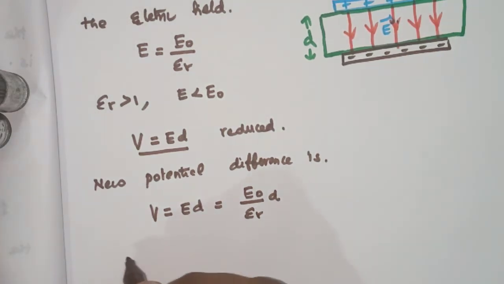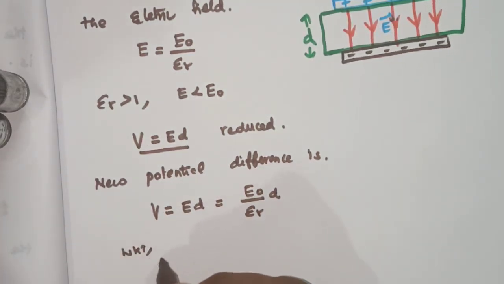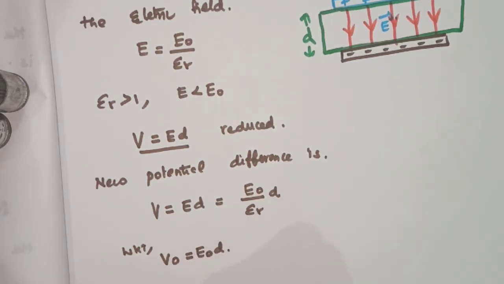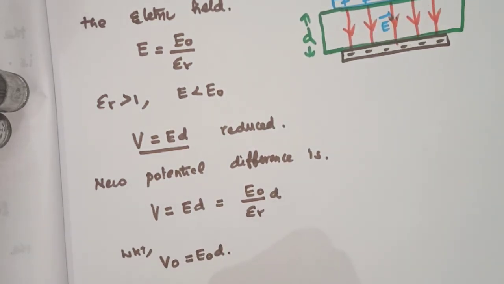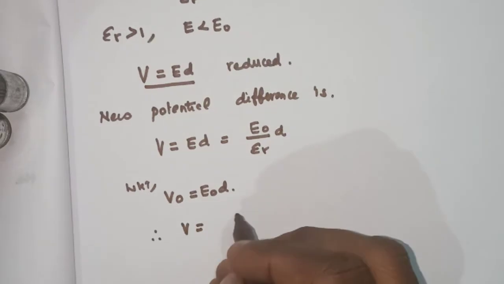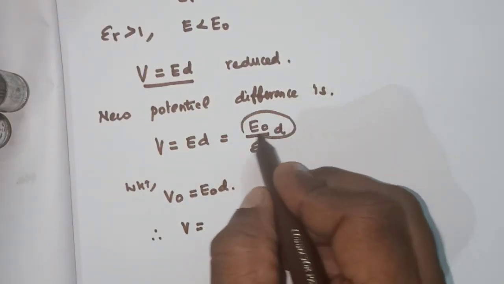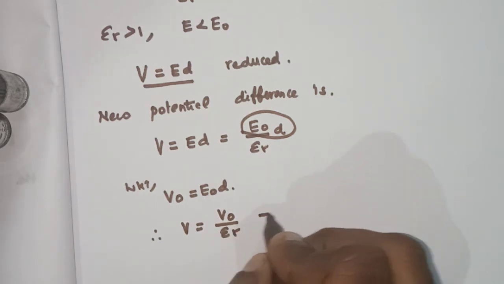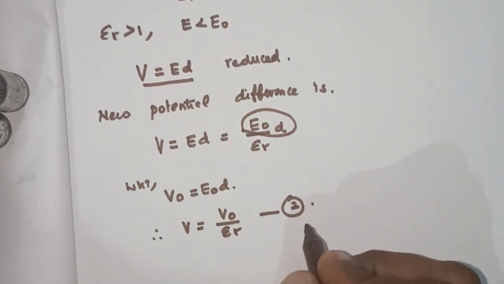Okay, we know that V0 equal to E0 D. Therefore V equal to, so I am going to substitute here V0 by epsilon r. This is equation number 2.